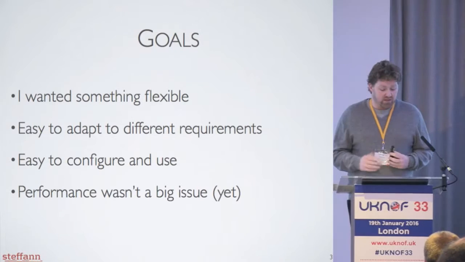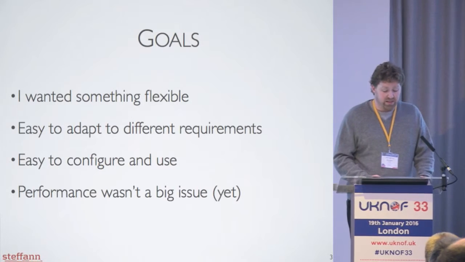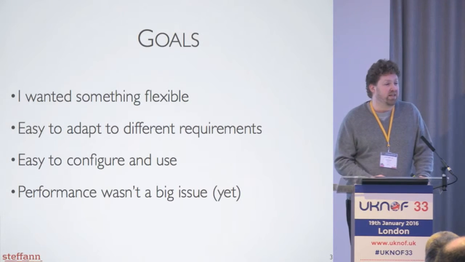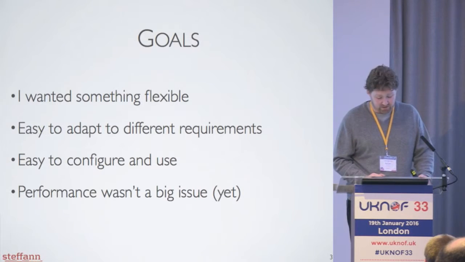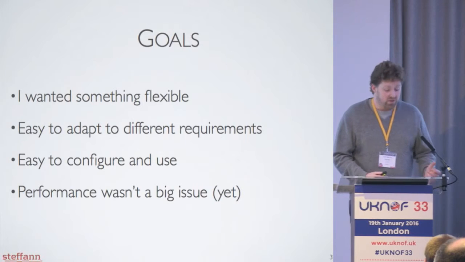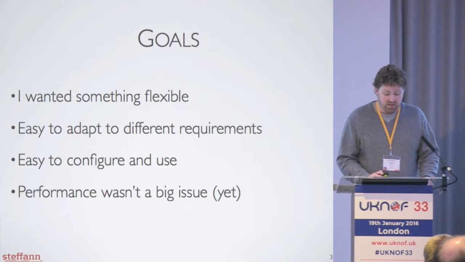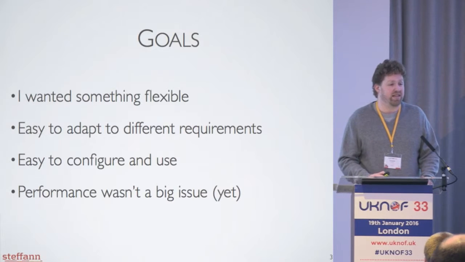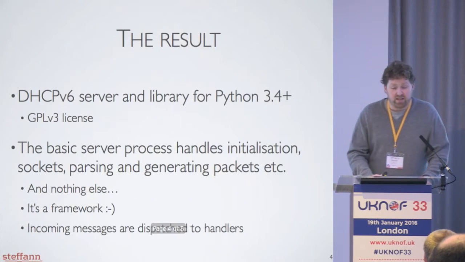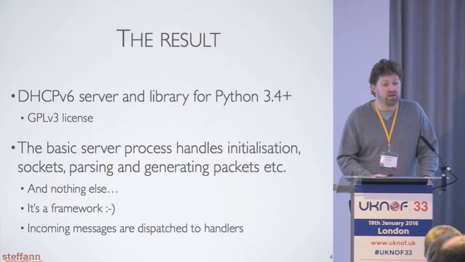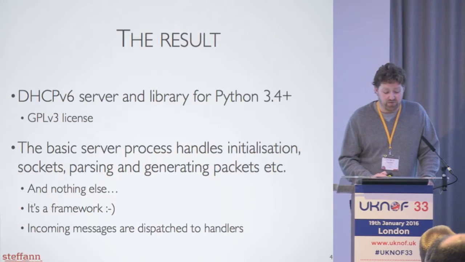So I decided to build something that's flexible, easy to adapt for different use cases, and actually focus on the non-standard deployments. At that point, performance wasn't a big issue yet. I mean, it's like tens of requests per second, so that was just fine. So what I did is I took Python and wrote a DHCPv6 server in Python.